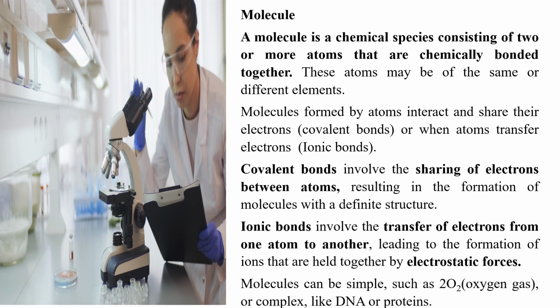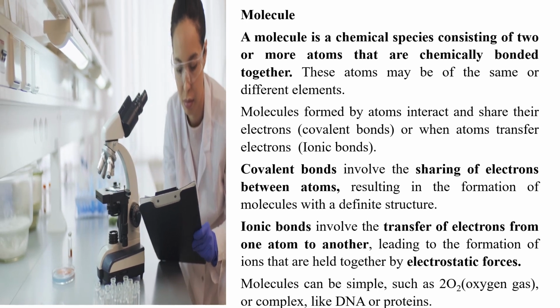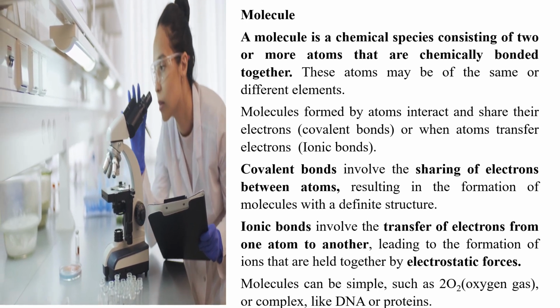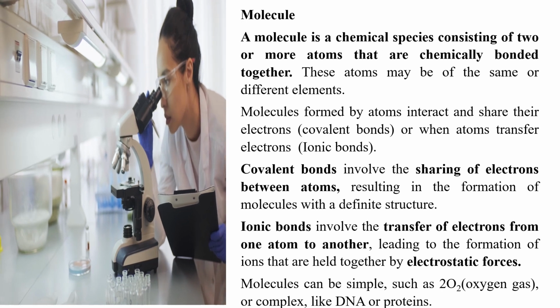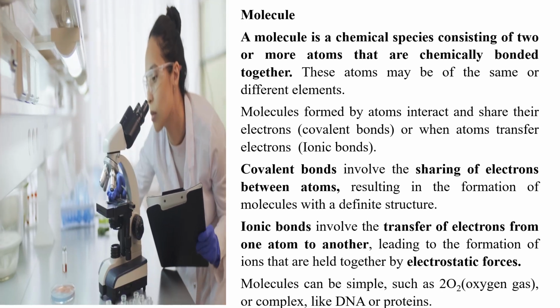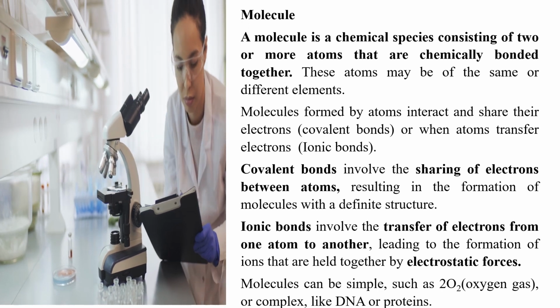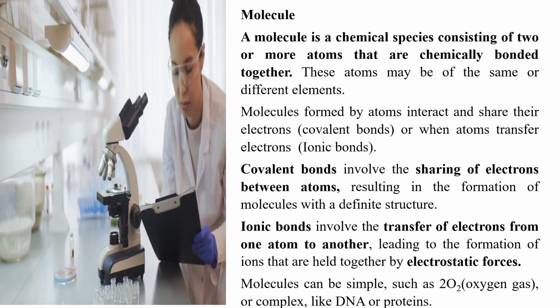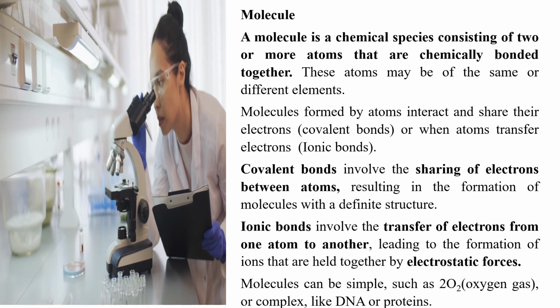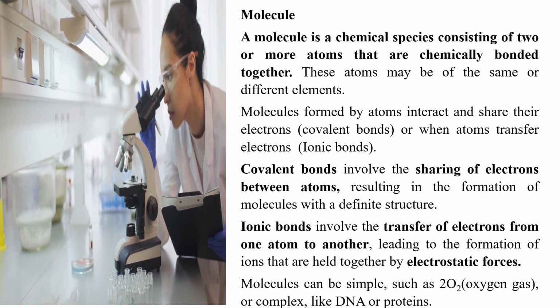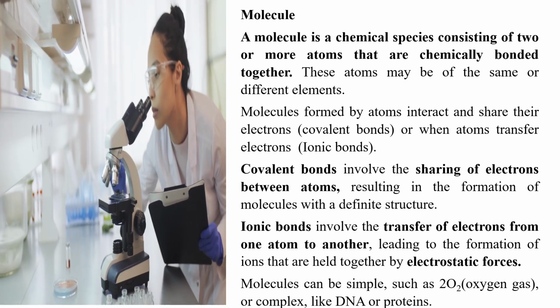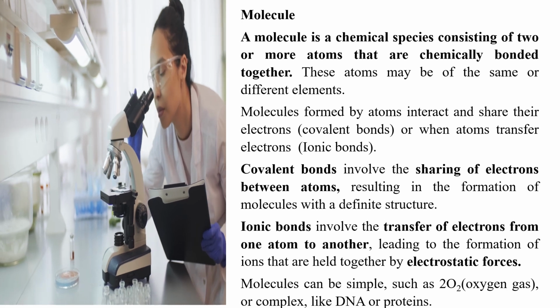Definition of molecules. A molecule is a chemical species consisting of two or more atoms that are chemically bonded together. These atoms may be of the same or different elements. Molecules form when atoms share their electrons, that is covalent bonds, or when atoms transfer electrons, that is ionic bonds.